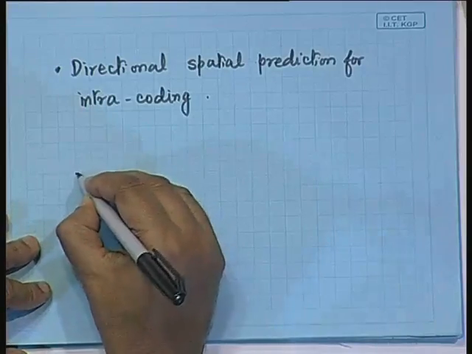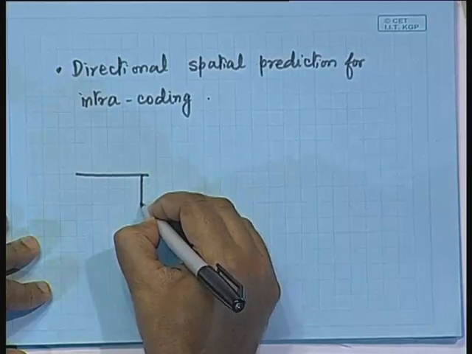The neighborhood blocks appearing above, or to the side, or on the top left diagonal, could be used for predicting the coefficients of the intra-coded blocks. It is done something like this: supposing we just have a 4 by 4 block.